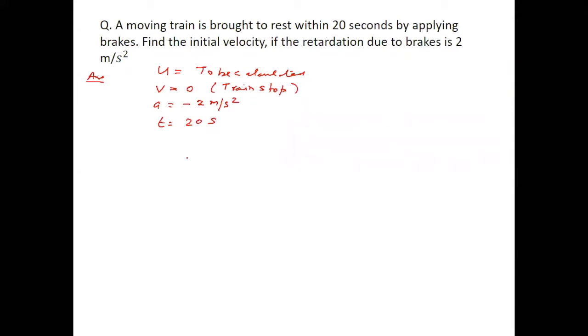The same formula, v equal to u plus at. v is 0, u we have to find out, a is minus 2, and time is 20. So 0 equals u minus 40, and u is 40 meter per second.